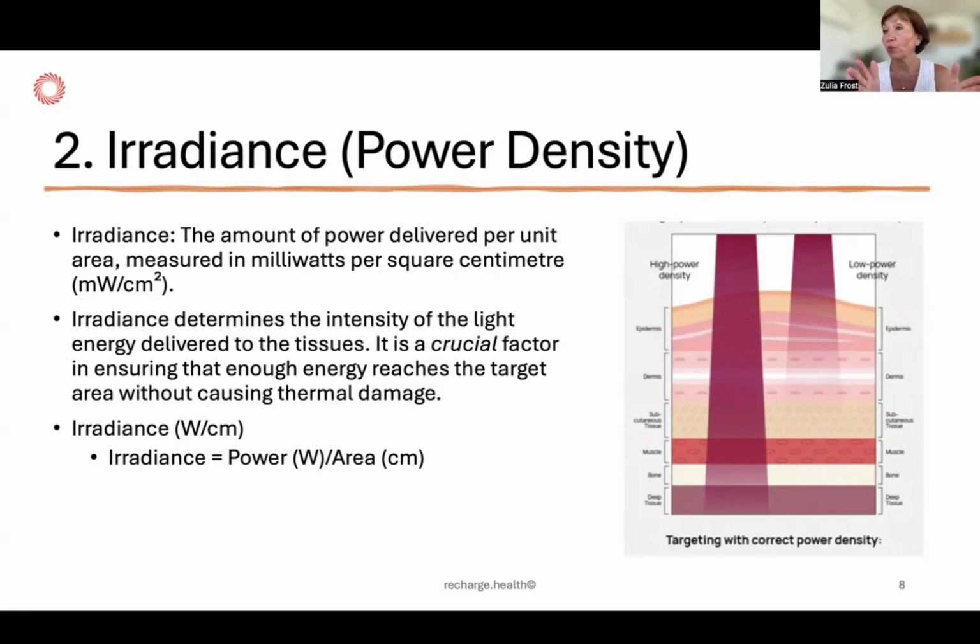So avoid thermal effect. What we need is near infrared and penetration depth. It will be there if you use a high power density light source, because low power density will give you just superficial saturation with photons. It's not going to penetrate deep in the tissues.